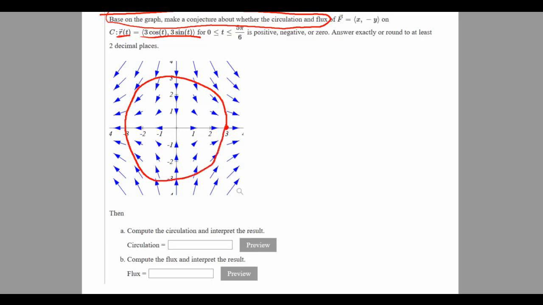So for circulation, we're trying to get an idea. If we draw a tangent vector here, how does that compare with the field vector? Well, the one I just drew, you can see, is directly opposite. However, there are some tangent vectors, such as the one over here, that line up with the field.